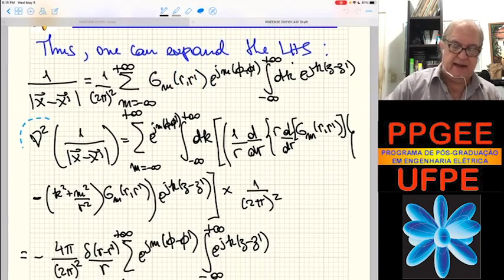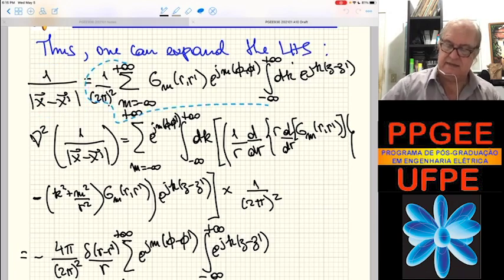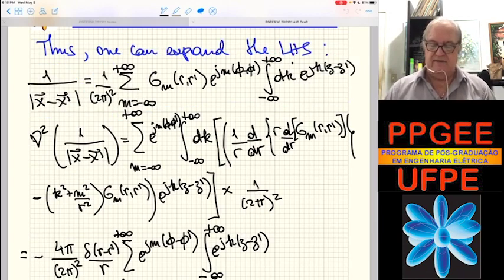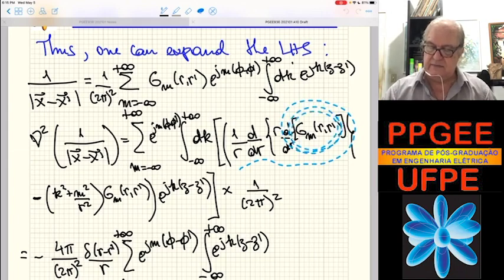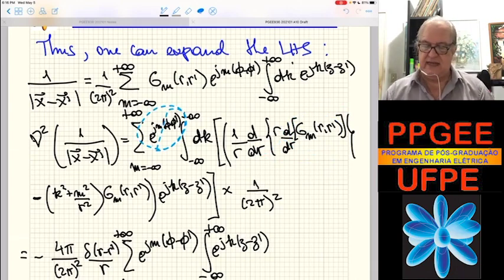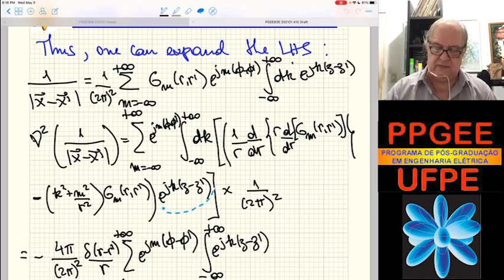Let's apply now the Laplacian on the inverse function, now that it is expanded like this, right? So we have a combination of derivatives. The radial derivative only acts on G_m, right? This part goes out, as well as the exponential; it's not acting on the exponential, which is outside here.